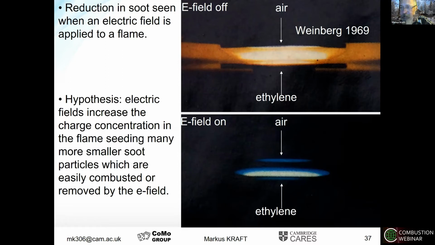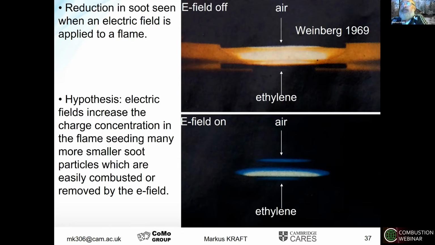Once he switched the field on, he really saw a strong impact on the soot formation in these flames, and it basically stopped soot formation altogether. None of the models that we had looked at so far could explain any of that. So we thought maybe we need to look at some sort of electrical effect.